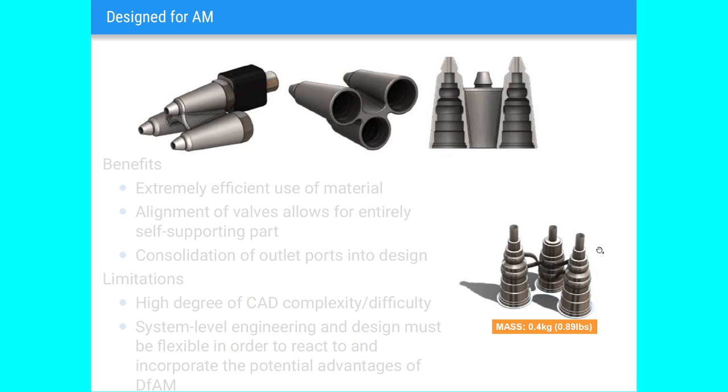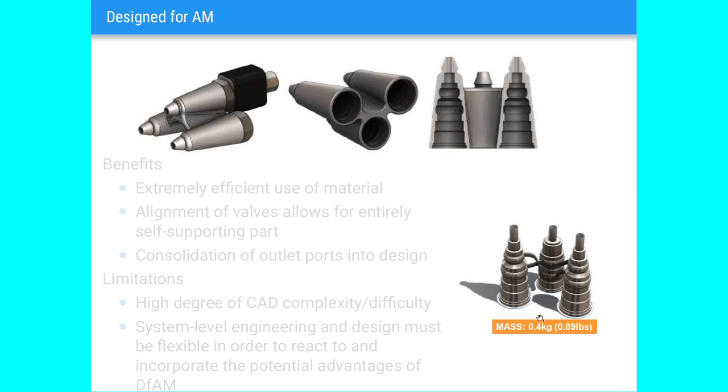Once we have printed this component in a single shot, your product weight has reduced from 4.6 kg to 0.6 kg, sorry, 0.4 kg.